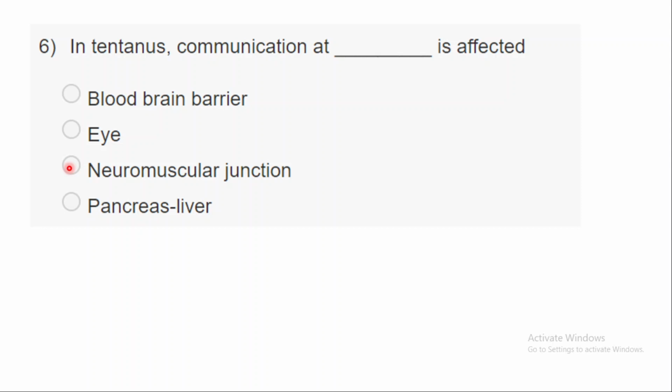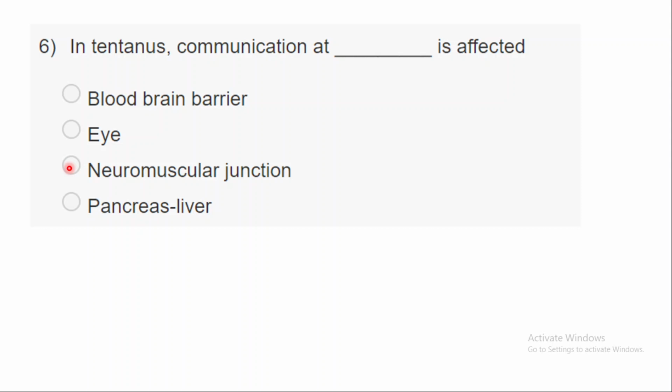What happens in the tetanus disease? This is also going to be a simple answer. As kids, we all must have, at least once in our lifetime, taken the tetanus injection, the TT injection. We all used to fear the injection, right?